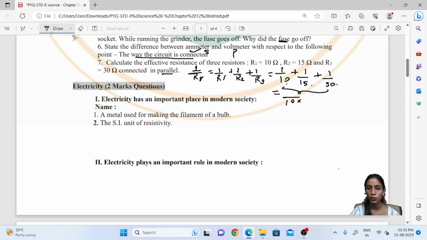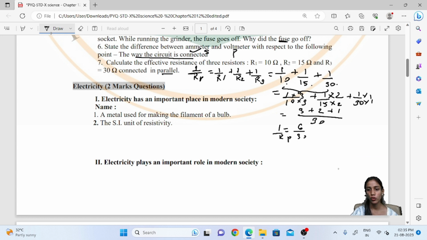So 1/10 is 1 into 3, plus 1/15 is 1 into 2, plus 1/30 is 1 into 1. So this will be equal to (3 + 2 + 1)/30, the denominator is 30. Okay, so this will be 6/30. So we have 1/Rp = 6/30.